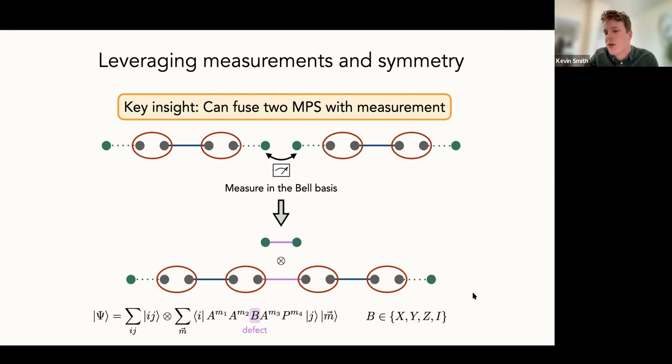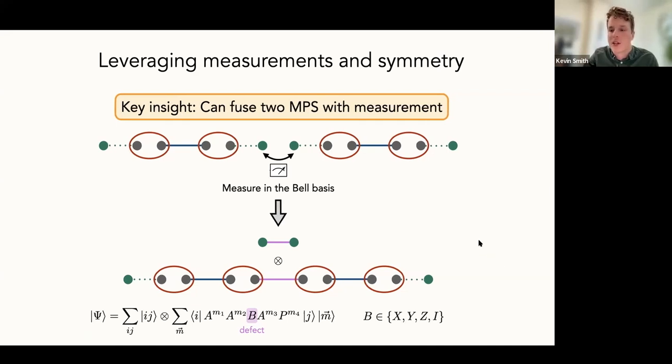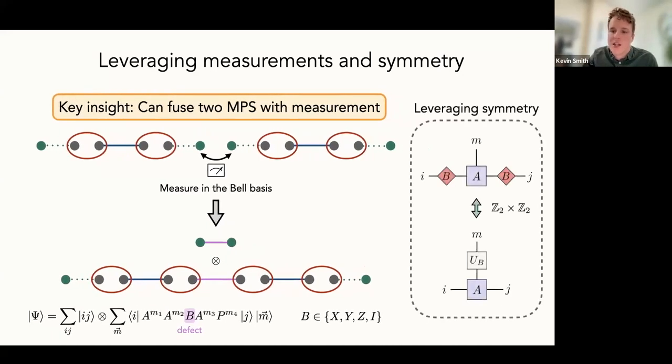And so the other ingredient is that we can actually make it deterministic by leveraging the symmetry of the state. So the basic idea, and apologies if you haven't seen these sorts of diagrams, I'll try to explain what's going on here. But the core principle is that this block A, this box here, these are the matrices, rather the tensor that builds up this matrix product state representation.